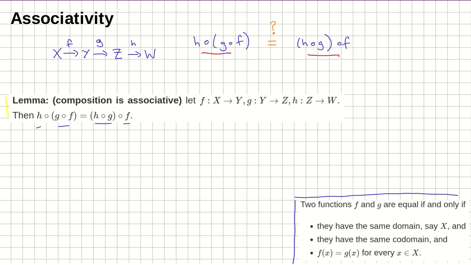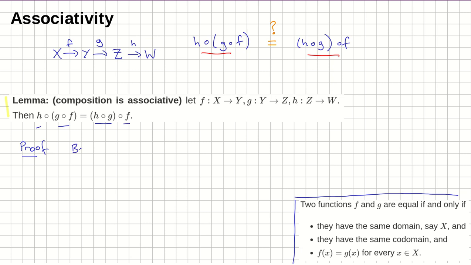And in our case, they certainly have the same domain because that domain is X, and they certainly have the same codomain, namely W. So if we're going to prove this lemma, we're going to first observe that the first two parts of the definition of function equality are definitely satisfied.